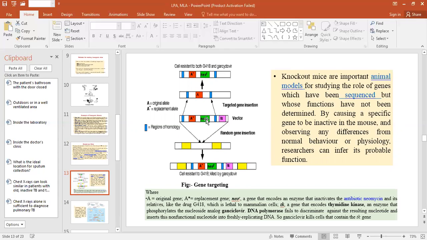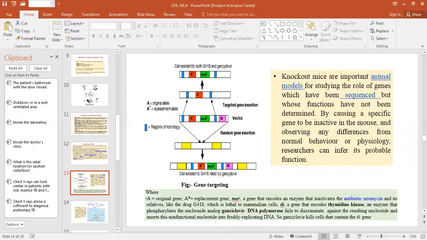And one more thing, TK is a gene that encodes thymidine kinase, an enzyme that phosphorylates the nucleotide analog ganciclovir. DNA polymerase fails to discriminate against the resulting nucleotide and inserts the non-functional nucleotide into freshly replicating DNA. So ganciclovir kills cells that contain the TK gene.